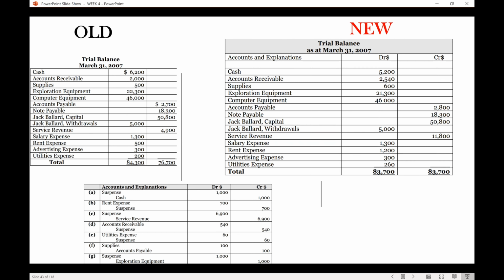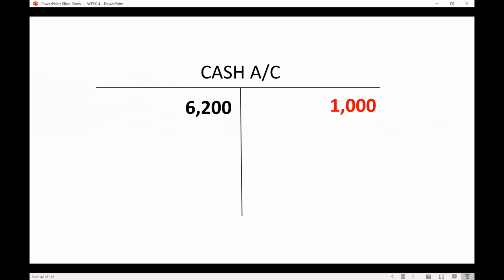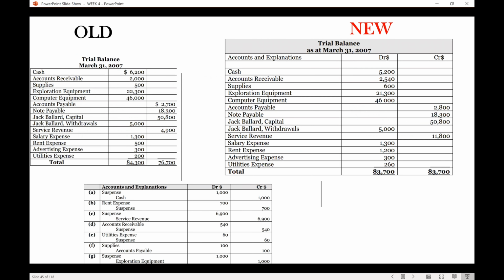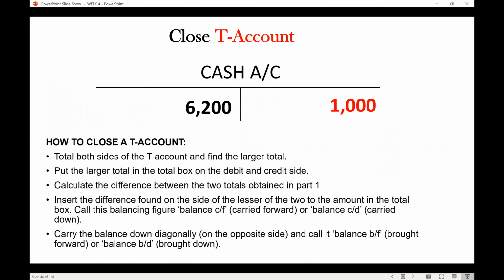We corrected an error and it was a credit to cash of 1,000, right? Was there anything else for cash? No, that was the only thing. So how are we going to close the cash account? So we have a debit 6,200, a credit 1,000, and we have the steps to close the account. So it says the first step, total both sides of the T account.